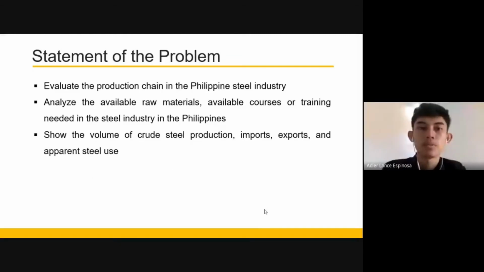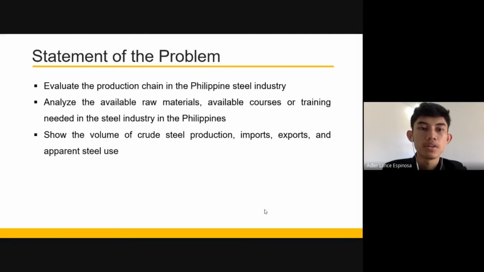For our statement of the problem, in light of the increasing demand for steel, the primary objective of this study is to evaluate the production chain in the Philippine steel industry. The study aims to analyze the available raw materials, available courses or training needed in the steel industry in the Philippines in comparison to major steel producing nations.